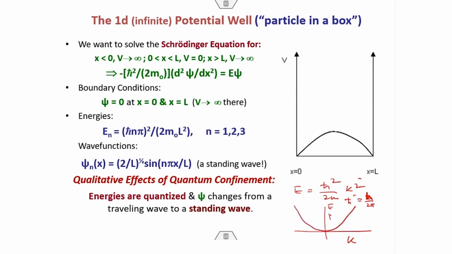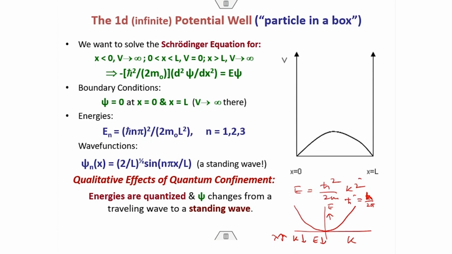Am I clear? As lambda increases, k decreases, right, and E also decreases. That is understandable. So, this is something which is very simple in mathematical formalism.